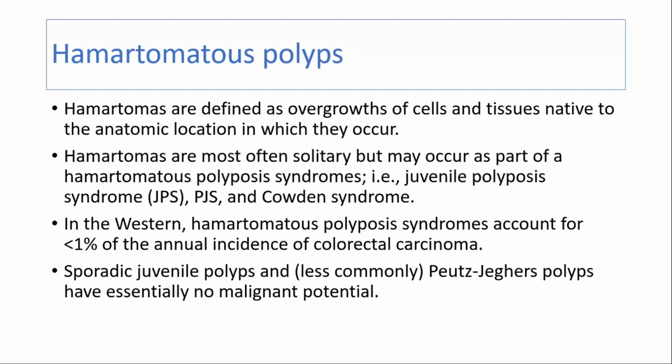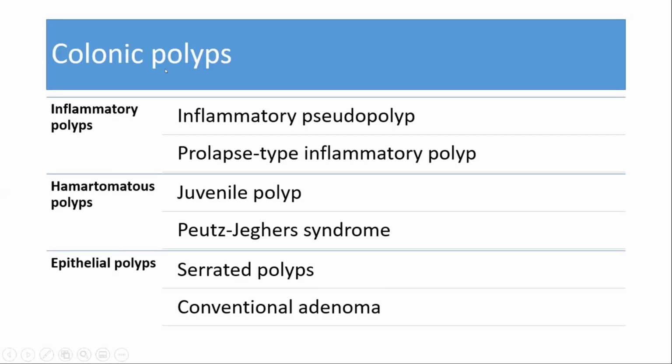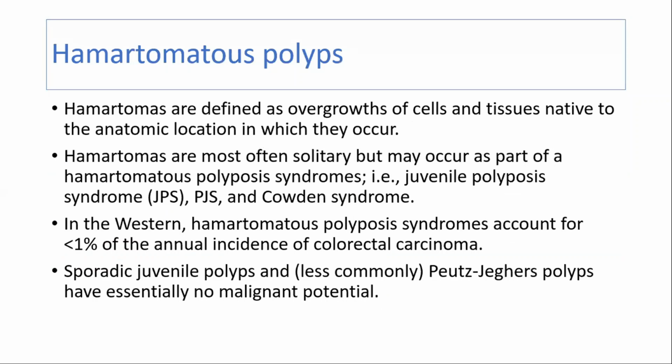So, inflammatory pseudopolyps are seen in IBD. Sometimes non-IBD can also have some pseudopolyps. Mucosal prolapse polyp is usually seen in SRUS, which you can read about on your own. So, hamartomatous polyp: what is a hamartoma? A hamartoma is an overgrowth of cells and tissue native to the anatomical location in which they occur.